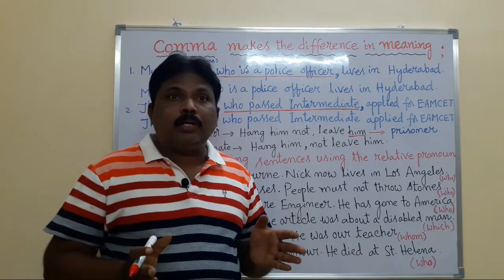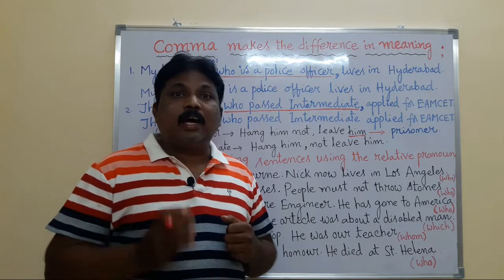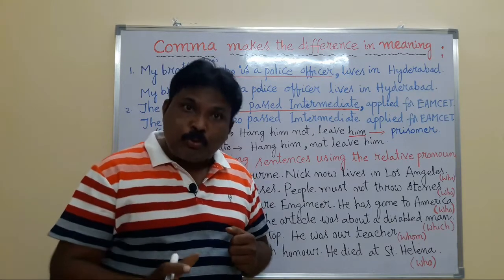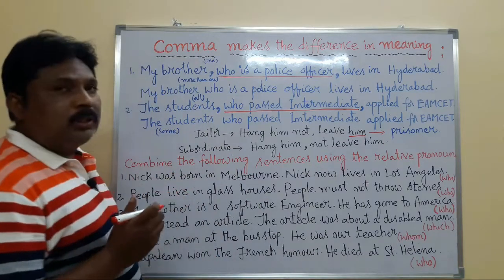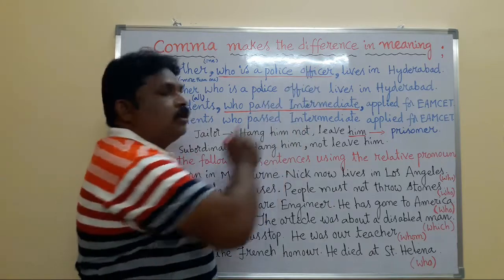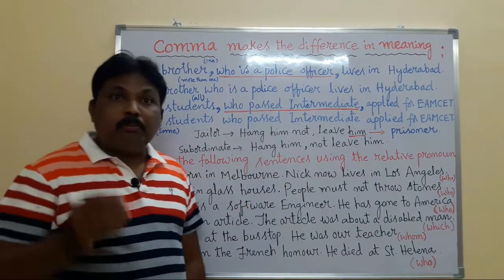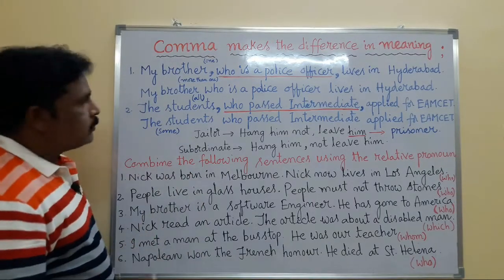See how important the punctuation mark comma is in sentences. I would like my students and viewers to know through these examples. That's why I have given that title, comma makes the difference in meaning. Comma makes a lot of difference in meaning. Let us see the examples.